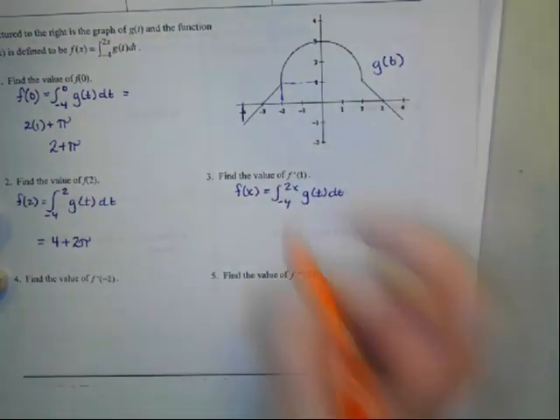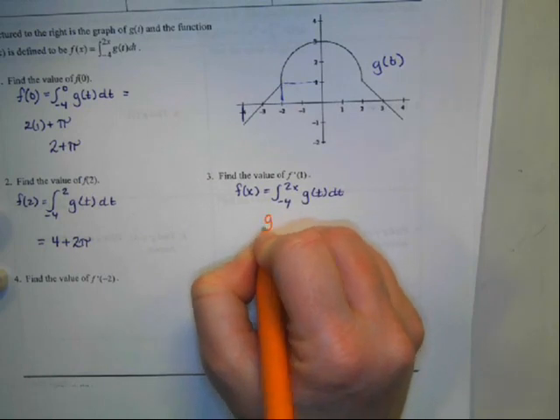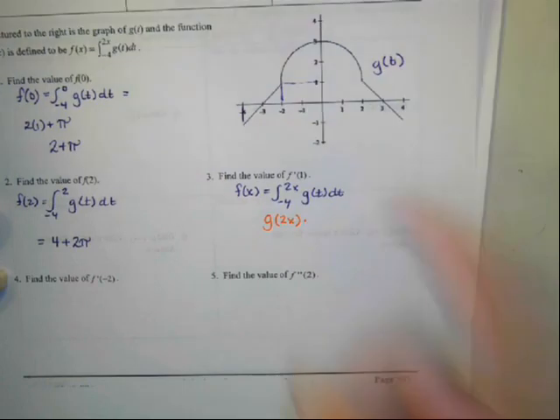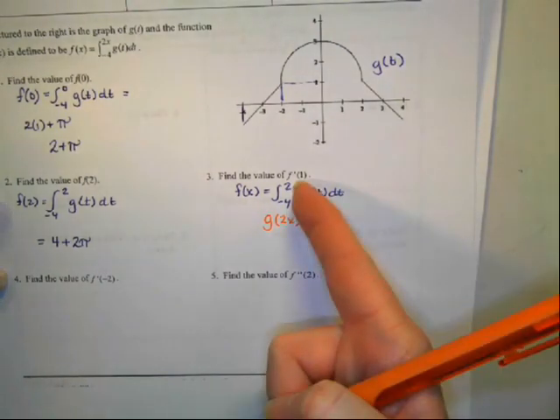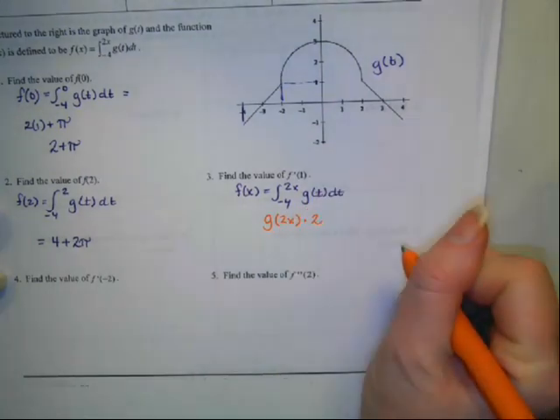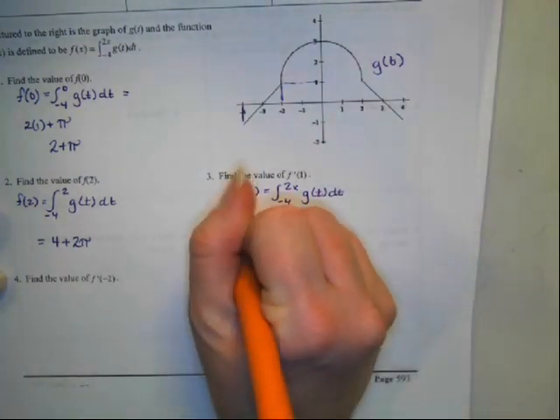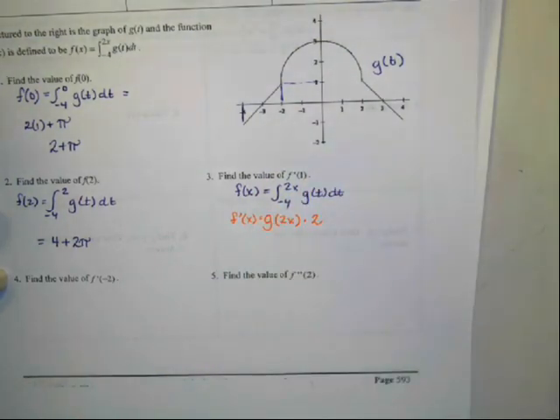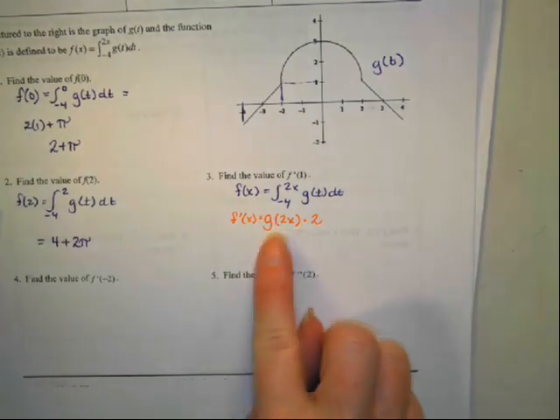So that means this is going to be g of 2x, and then you take the derivative of that boundary, so times 2. That's your f prime of x. Now I just need to find it for 1. Is everybody okay with this and this notation?